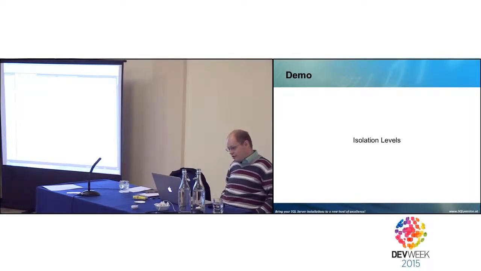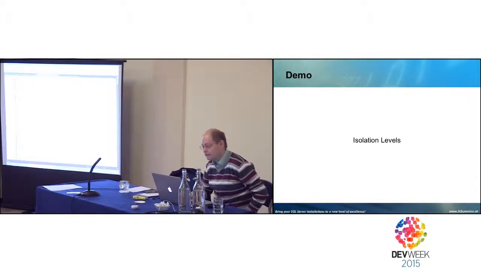Means using read committed snapshot isolation is completely transparent to your applications. It's just a database option, and now your new default isolation level is read committed snapshot isolation. Just an optimistic implementation of the isolation level read committed.